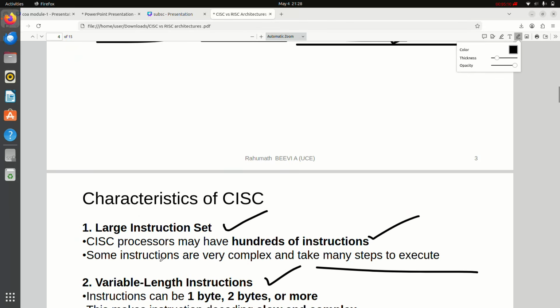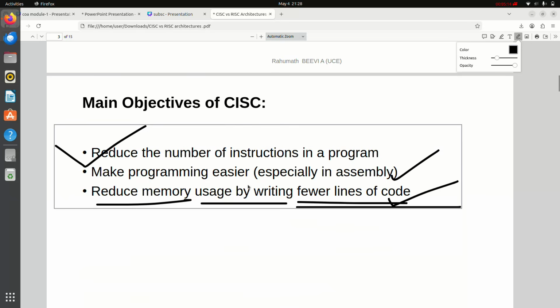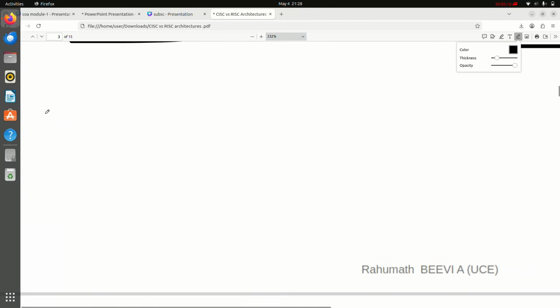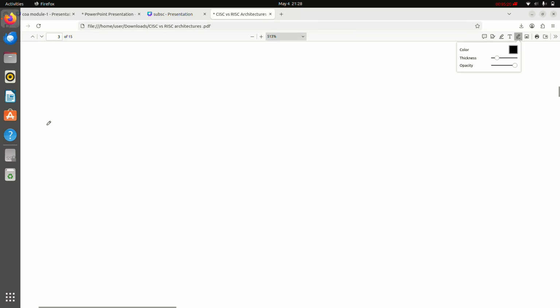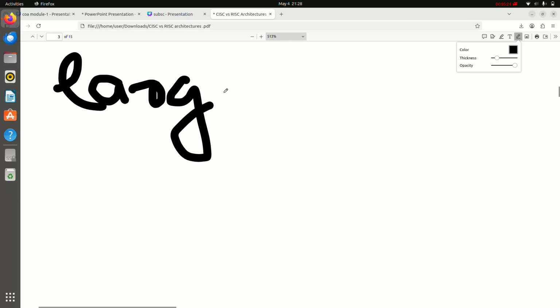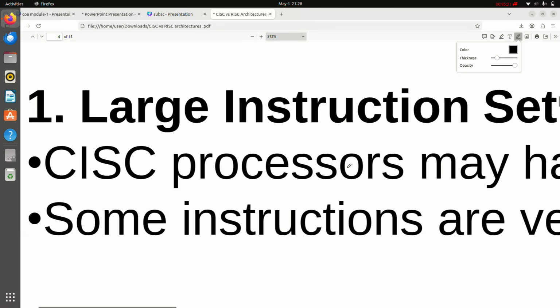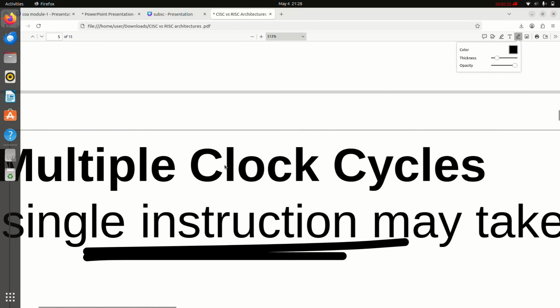The main objective is to save memory, make programming easier, and reduce the number of instructions in the program. So if I am refreshing the characteristics, the first characteristic is the large instruction set. What do we mean by large instruction set? There are hundreds of instructions here.